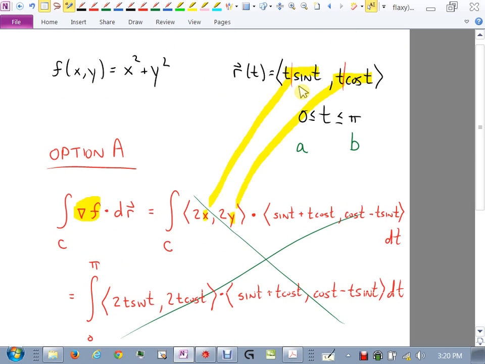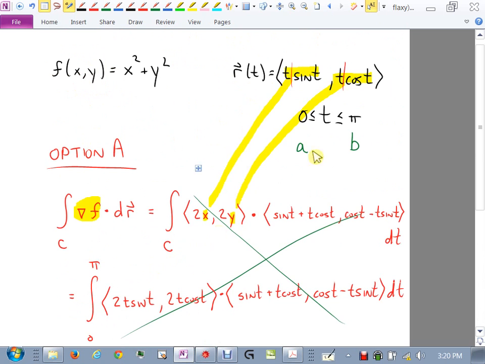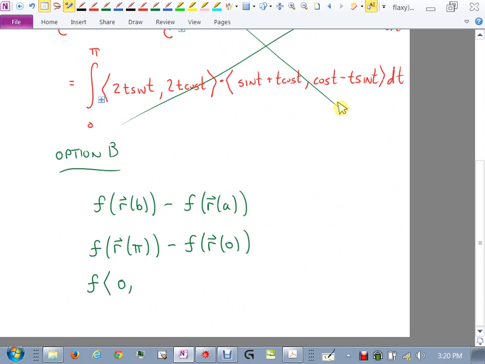If I plug in pi, though, I get 0 here, don't I? And then if I plug in pi here, I get what? Negative pi. Right? Now I'm plugging that into this function. We said earlier, it's just a notation thing. We're going to plug a vector into a function.